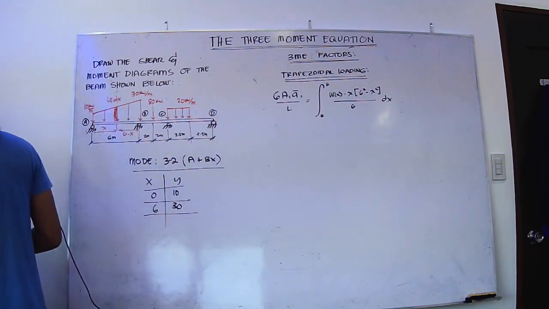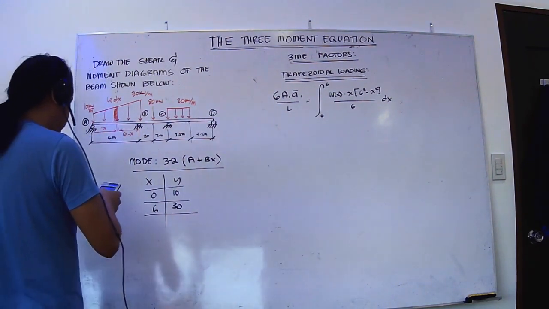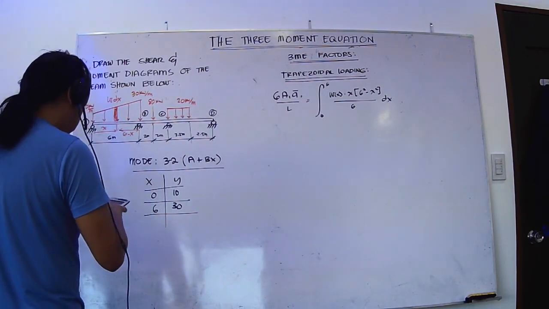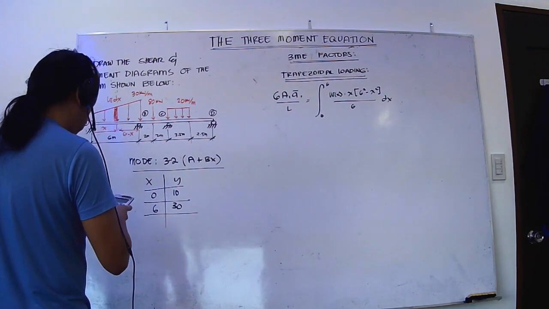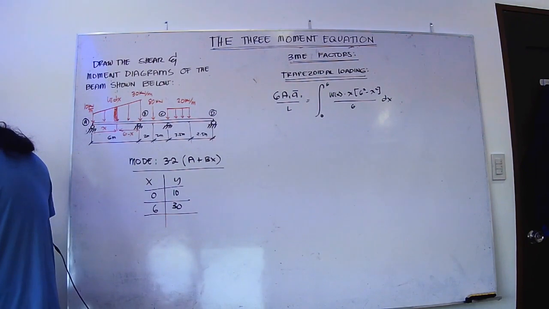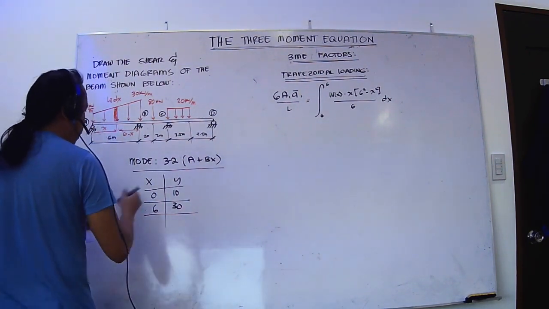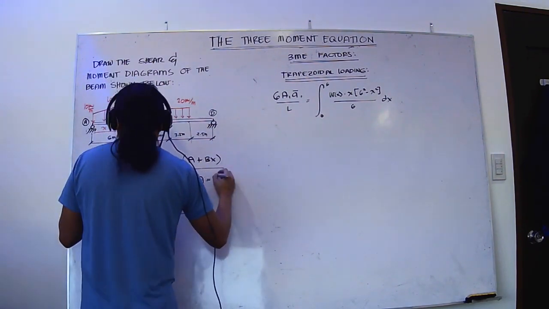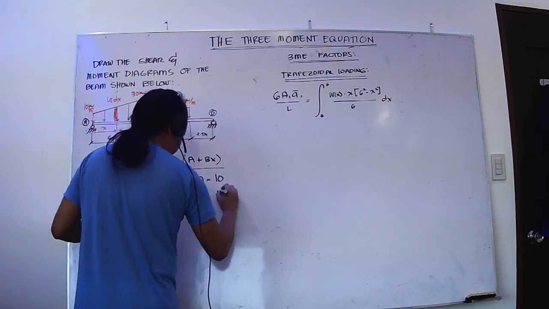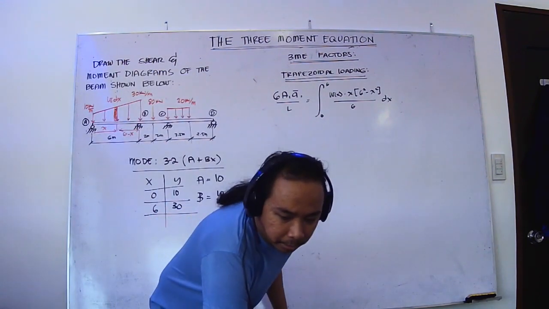If I input that in my calculator, I would have a equal to 10 and b equal to 10 over 3.